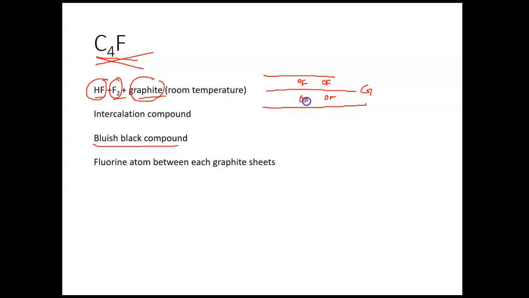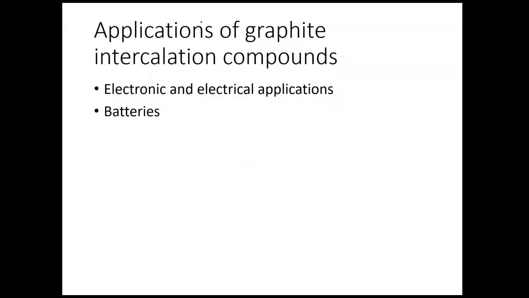You will be having regularly spaced fluorine atoms above and below the graphite planes. In addition to C4F, some small amount of C2F will also be formed. So this is another way in which we can form an intercalation compound of fluorine with graphite.